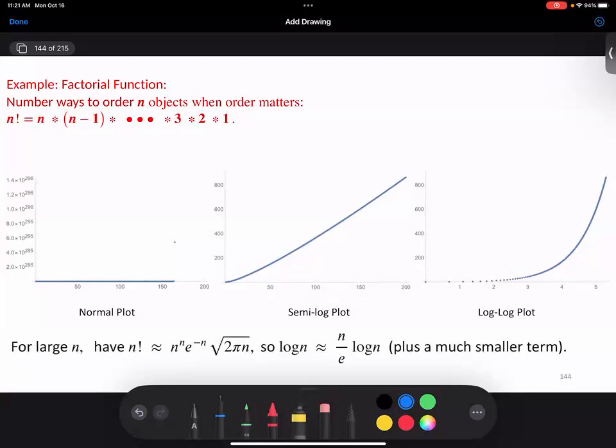If you look at this, Stirling's formula, which we will prove later in the semester, n factorial is about n to the n e to the minus n square root of 2 pi n. So when you take the logarithm, the log of n factorial is about n over e log of n. Well, the log of n is very slowly growing.